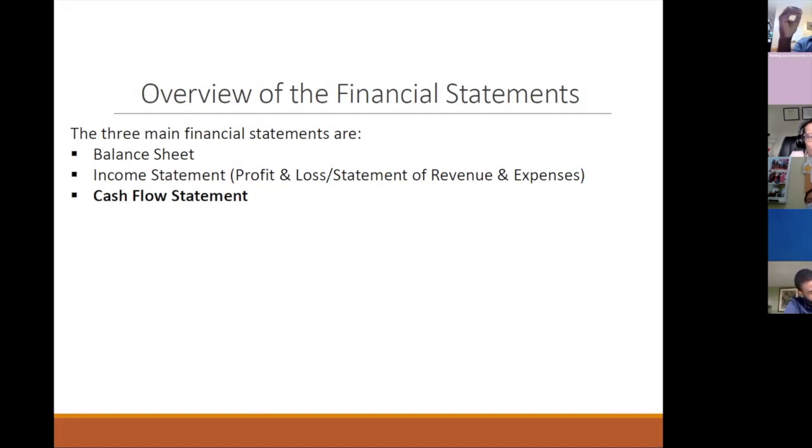So a balance sheet will have your assets, which you just spoke about, your liabilities, which you just spoke about, and something that we call your owner's equity, right? Owner's equity is usually money that a business owner has put into their company.